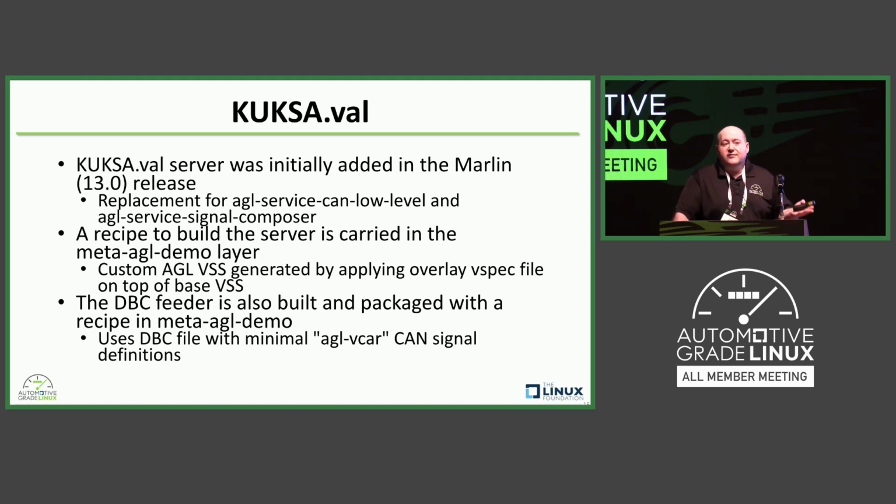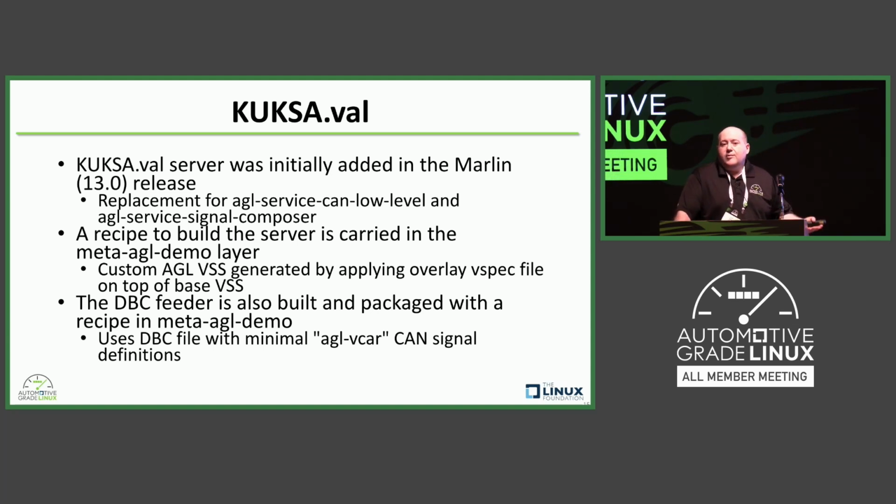When we took that stuff out, we needed a replacement because we weren't going to have any vehicle signal support. The timing was good that VSS and KUKSA.val were getting a little bit of press and were visible, and it was noticeable that they weren't just a Cobisa thing. There's other wider industry interest in them.